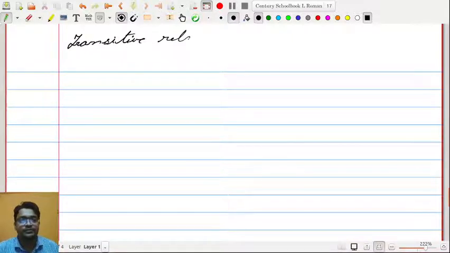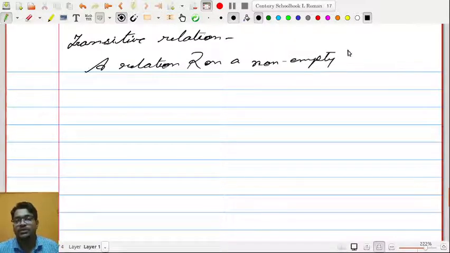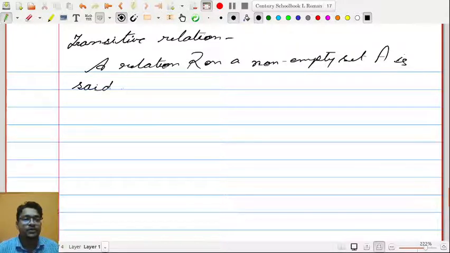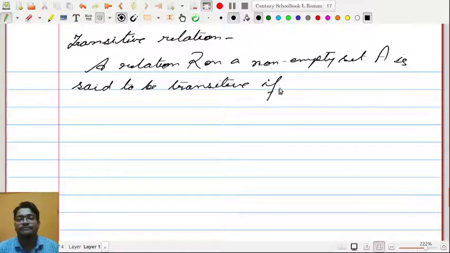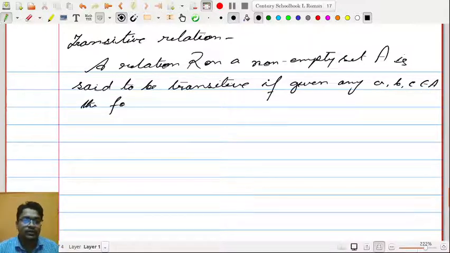So a relation R on a non-empty set capital A is said to be transitive if, given any a, b, c inside capital A, the following is true.